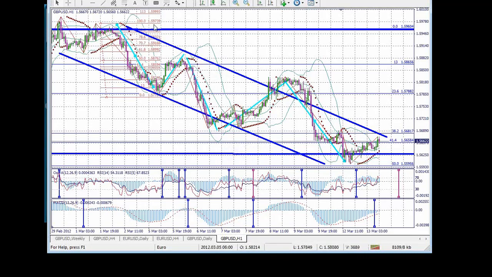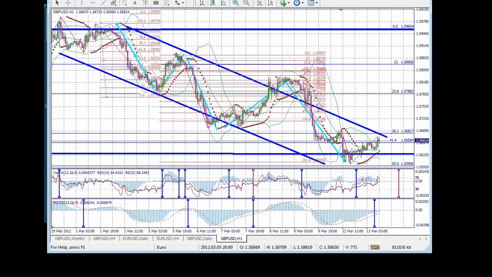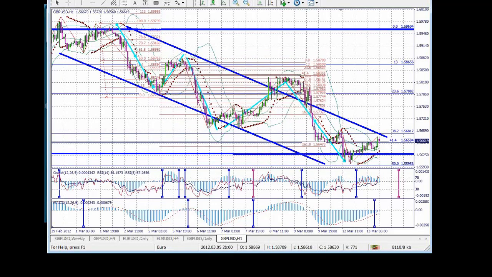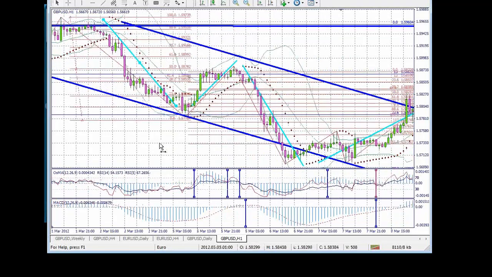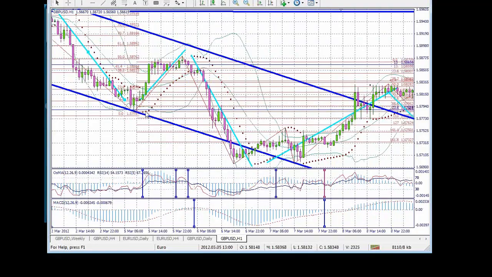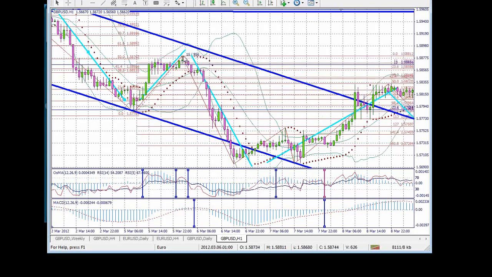So I will put the Fibonacci here, from the low to the high.